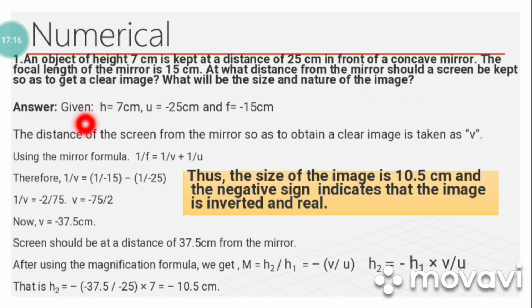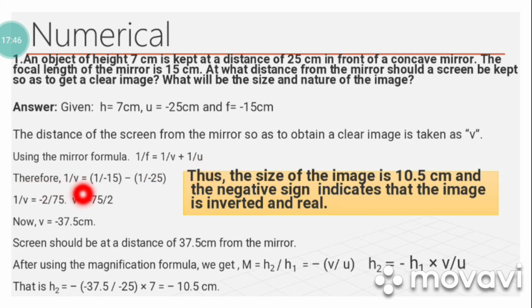Our solution will be: given h is equal to 7 centimeters, u is equal to minus 25 centimeters, and f is equal to minus 15 centimeters. The object distance will be negative in a concave mirror, and the focal length is always negative in a concave mirror. The distance of the screen from the mirror so as to obtain a clear image is taken as small v. Using the mirror formula, 1 upon f is equal to 1 upon v plus 1 upon u.